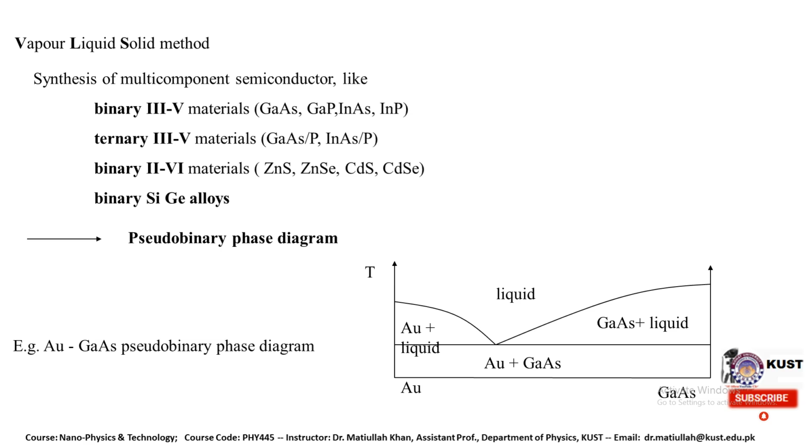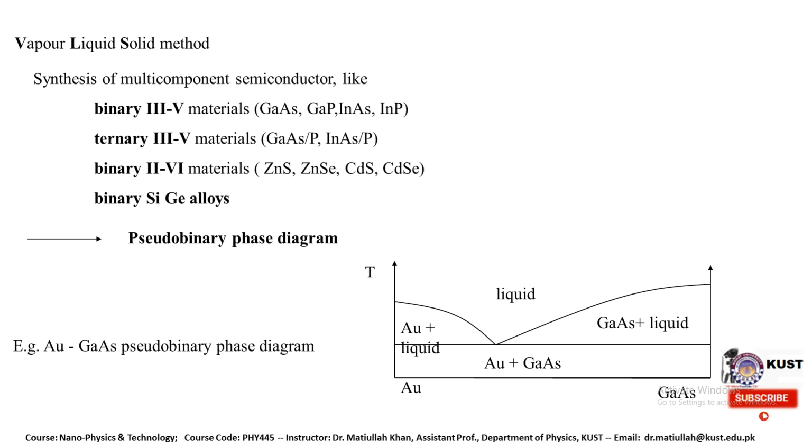Some examples are given. We have binary group 3 to group 5 materials, in which we have gallium arsenide GaAs, GaP, InAs and InP. We have ternary semiconductor materials, composed of a combination of group 3 and group 5 elements, such as GaAs/P or InAs/P.